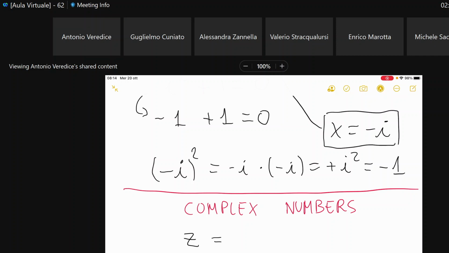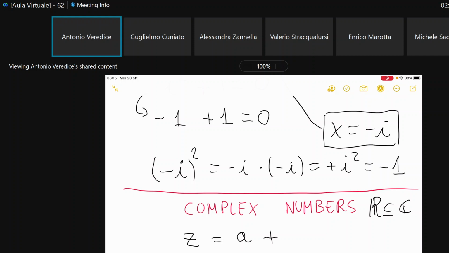It can be a real number a, because every real number must be one of the complex numbers. As I told you, C is a superset of R, so every real number must be a complex number.